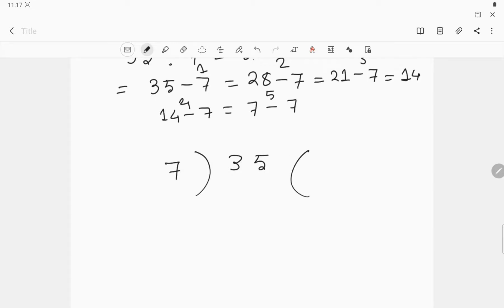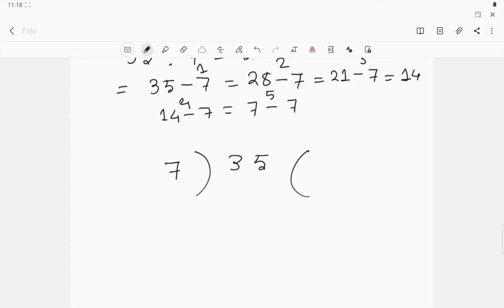Okay, now which number should you multiply by 7 to get nearest to 35? Again, you have to know all the multiplication tables up to 20.